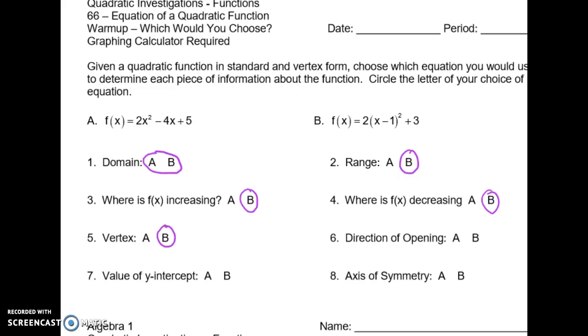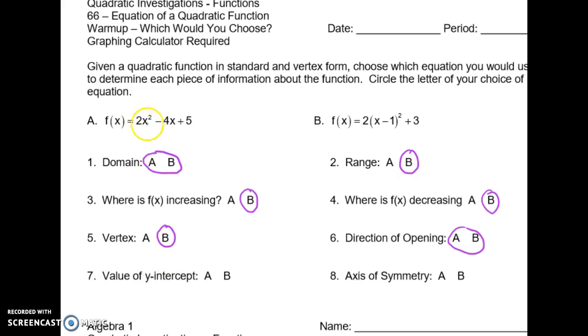Direction of opening, it really doesn't make a difference here because you've got this number in front of the x squared. Those are both the same. So really either one. And the value of the y-intercept, this is one where I think standard form really shines. In standard form, the value of the y-intercept is when x is 0.